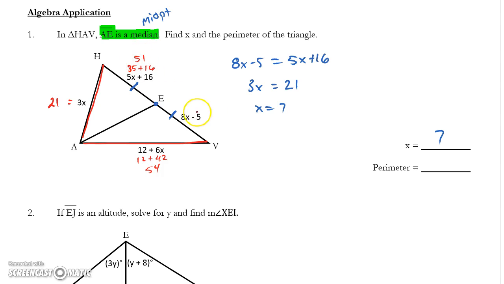That's 51. And then that's 51, so this whole side must be 102. So the perimeter is 21 plus 54 plus 102. That's going to be 176. Or more accurately, 177.